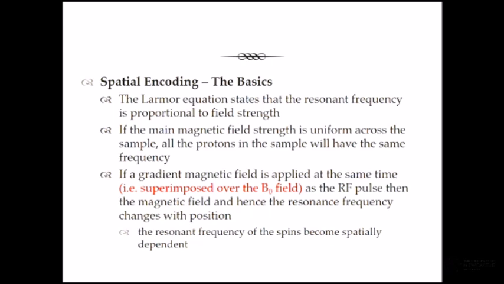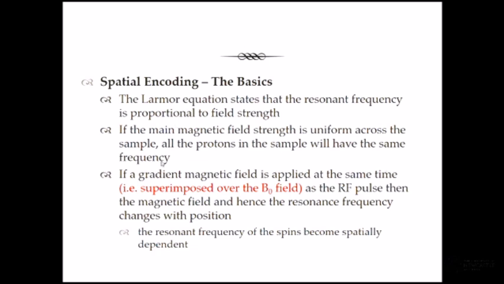His contribution was to say that if I add gradient fields and do spin echo sequences, I can tell you where that signal came from. So not only can I tell you what's cancer and what's not, I can tell you where it is within the body, which is kind of helpful if you want to treat it.